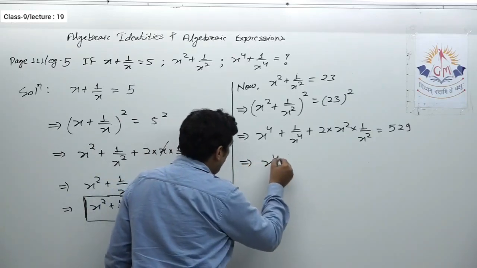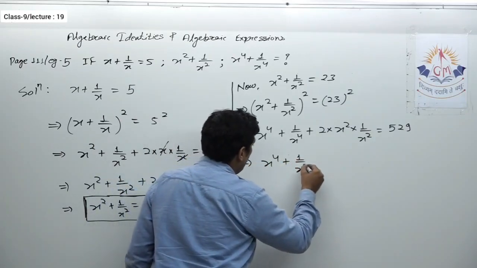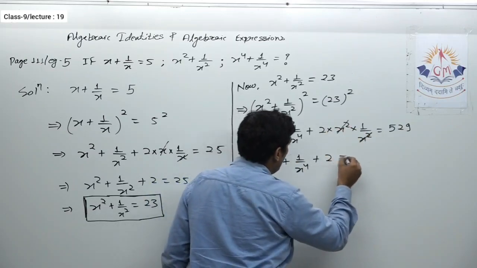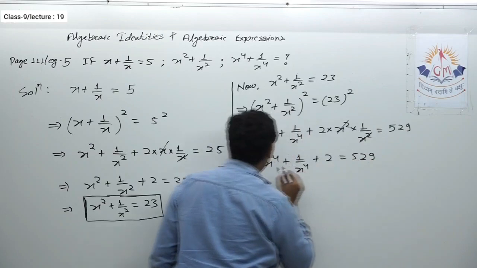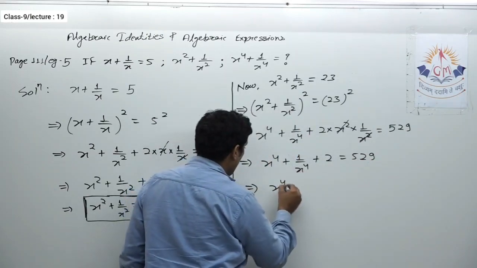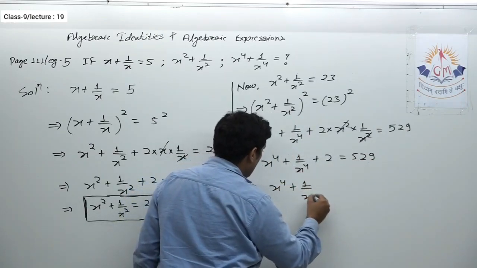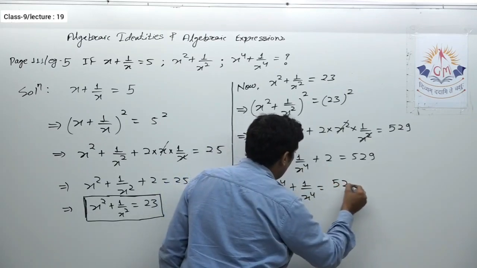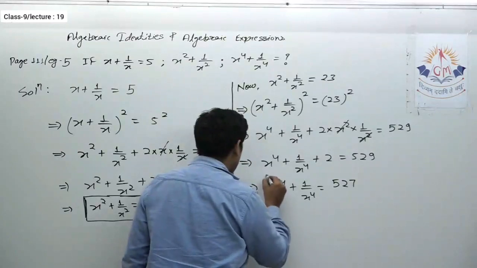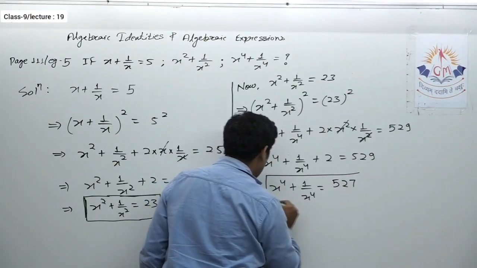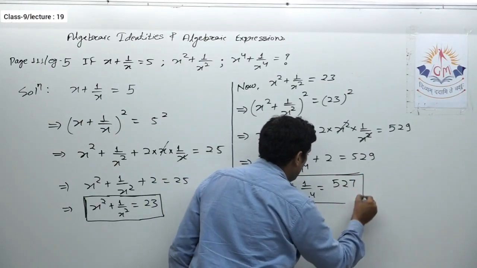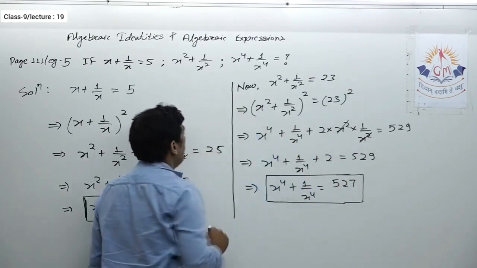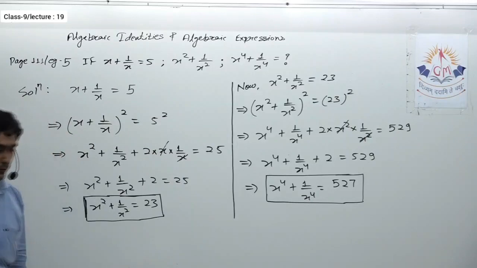Now x raised to 4 plus 1 upon x raised to 4, and over here again you can cancel x square, plus 2 is equal to 529. So x raised to 4 plus 1 upon x raised to 4 is equal to, this 2 will come over here, so I will get 527. So this is the value of x raised to 4 plus 1 upon x raised to 4. I hope this is clear to you. So please note it down.